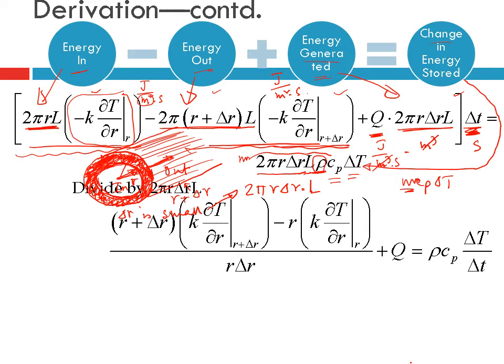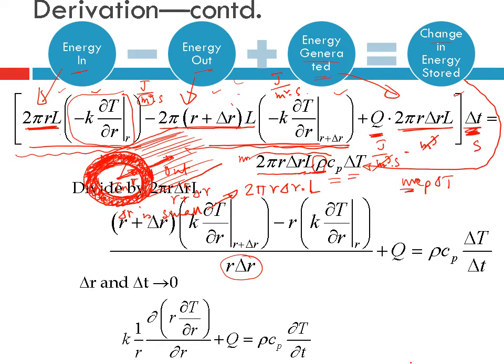So if I do that, the L cancels out, 2 pi cancels out, and we are left with this in the denominator, and I rearrange these two terms, the out and the in terms, so that we can write r plus delta r times k del T del r at r plus delta r minus k del T del r at r times r. That's this term here. Plus q is equal to rho Cp del T del t.